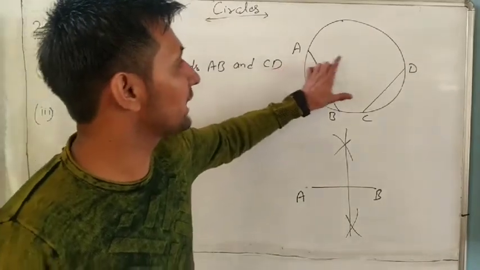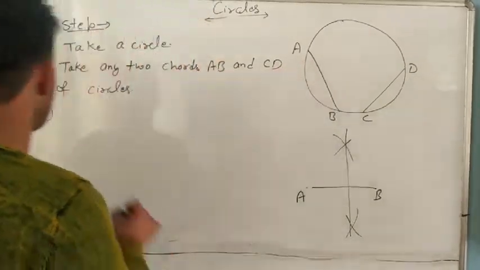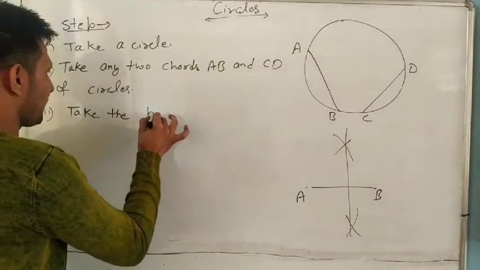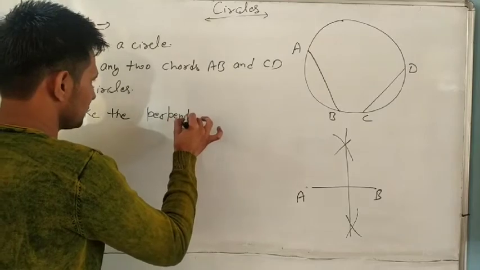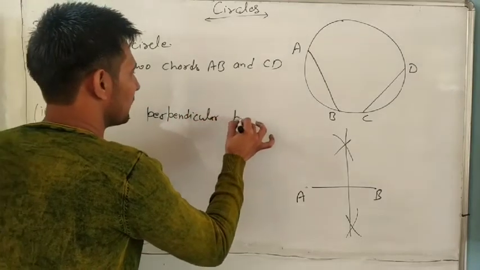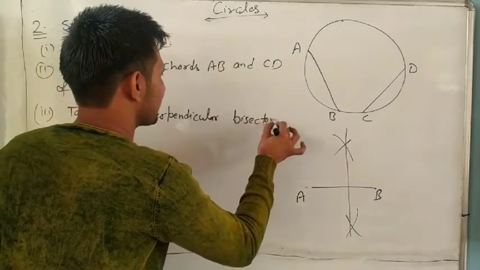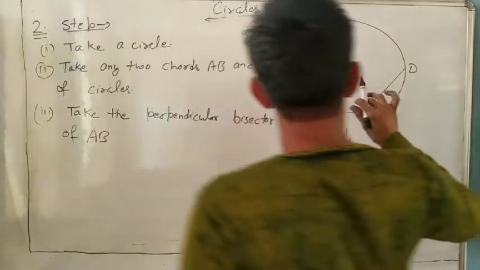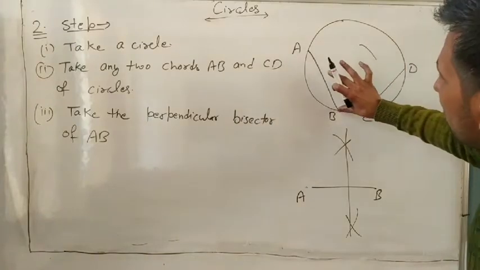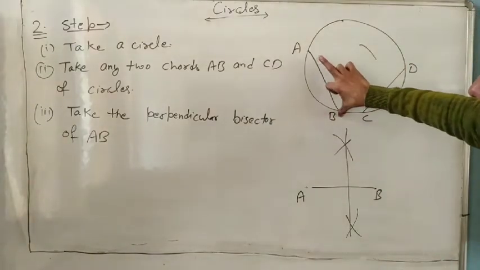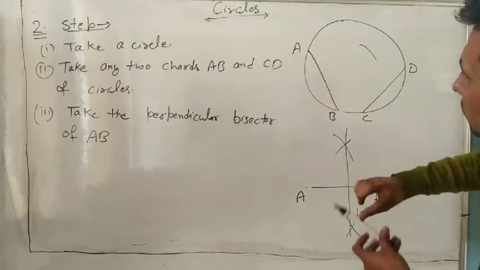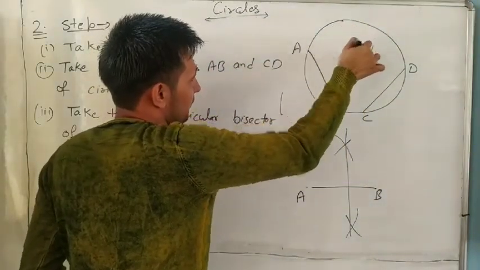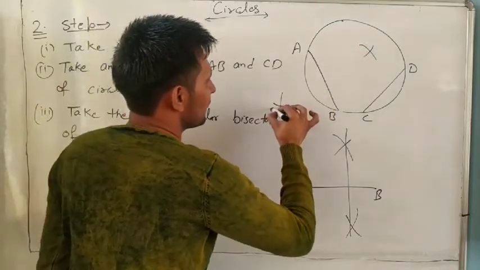In the same way, we take the perpendicular bisector of CD. Take the perpendicular bisector of AB: put the pointer on B and open the compass more than half, draw an arc, and now put the pointer on A and draw an arc, and join.